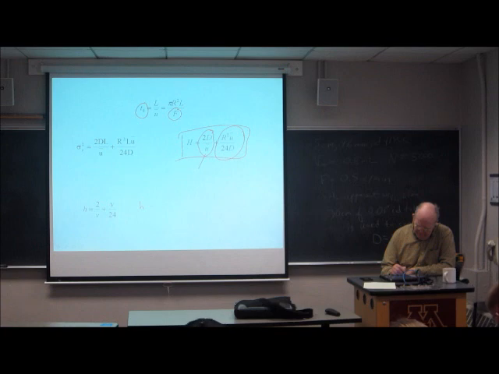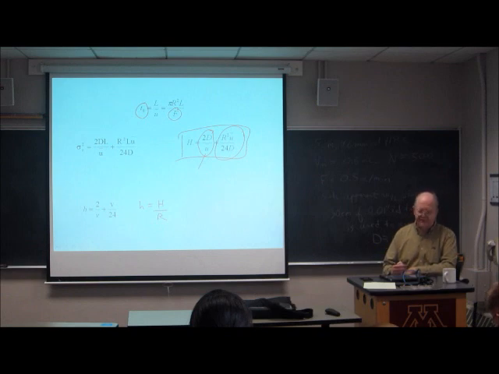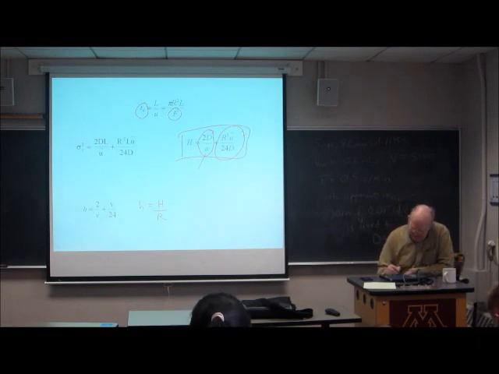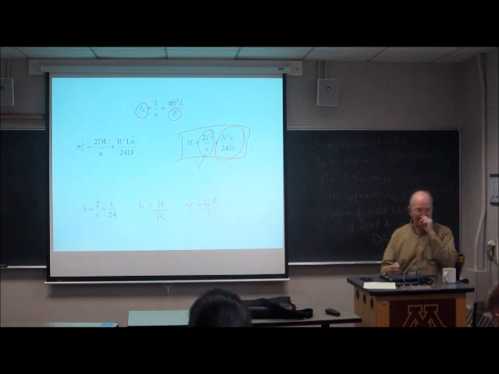If you want to make the equation really simple, you define a reduced H as H divided by R. Why R? Because there are no particles. And the reduced velocity is the average velocity times the radius divided by the diffusion coefficient.